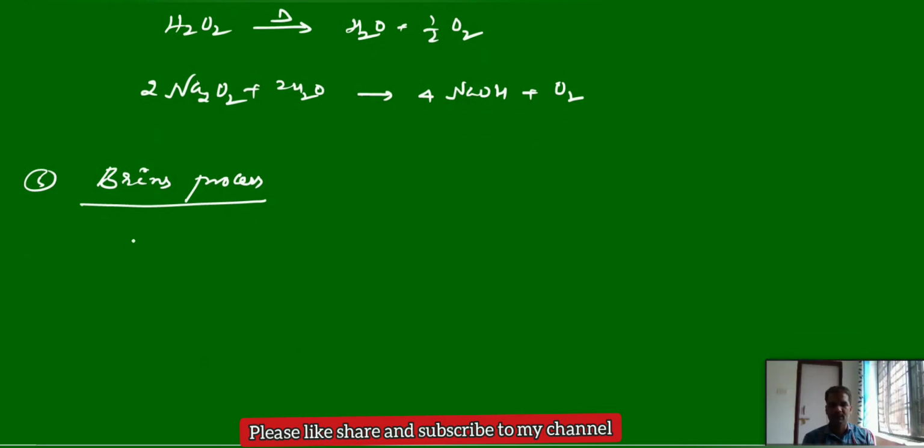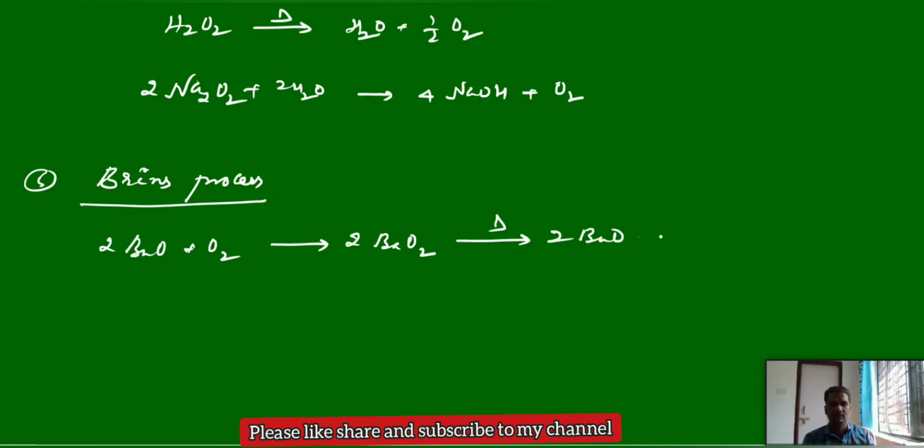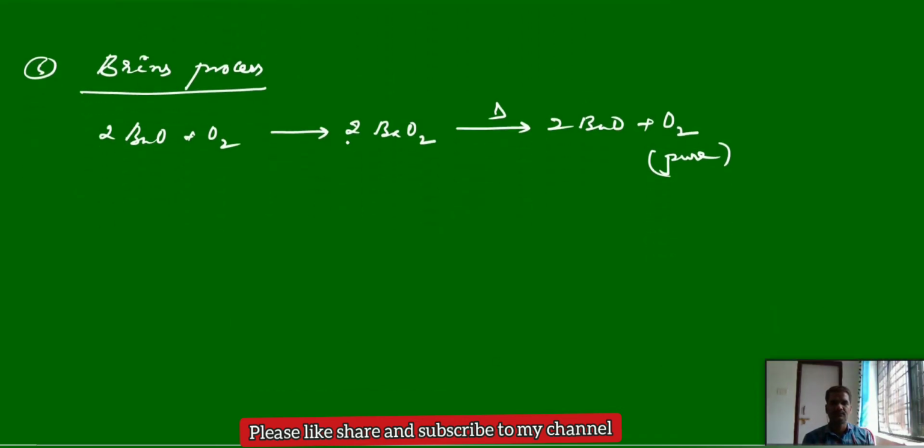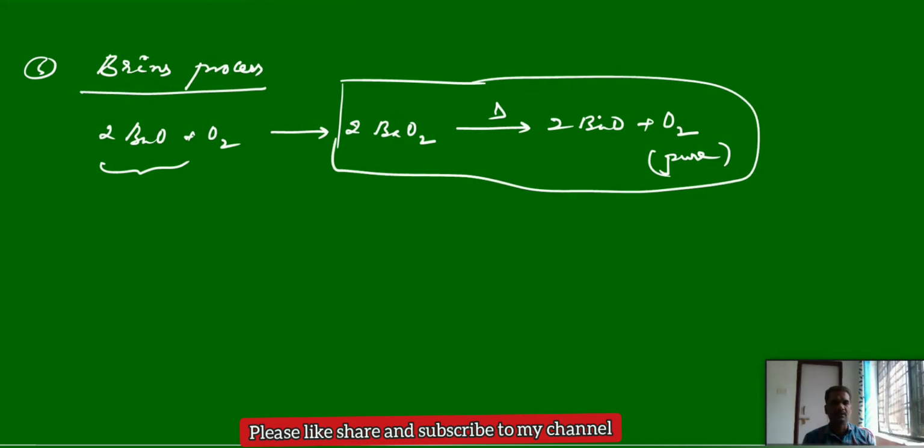In this reaction, first we convert barium oxide to barium peroxide, and this barium peroxide, if we heat it, you get barium oxide and oxygen, and this oxygen is in pure form. This reaction is important. Barium peroxide and thermal decomposition.